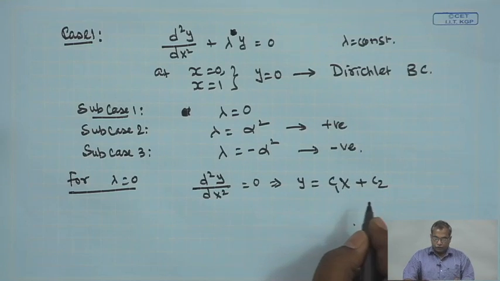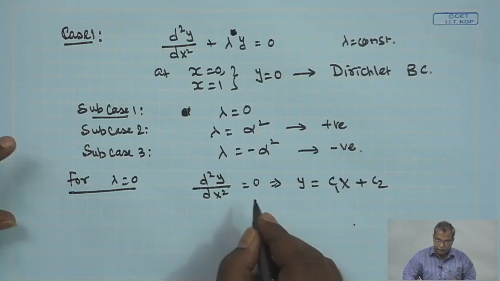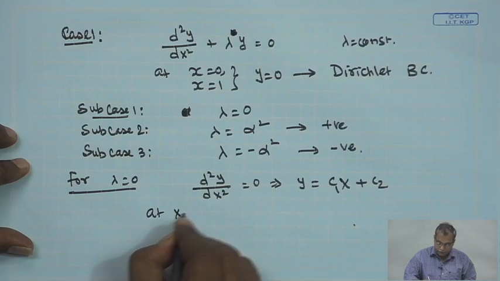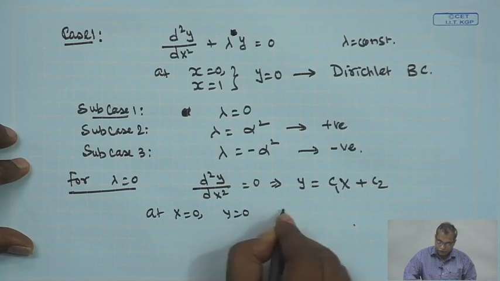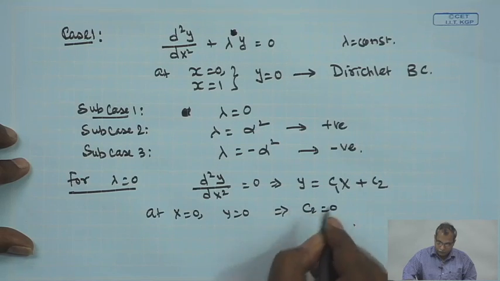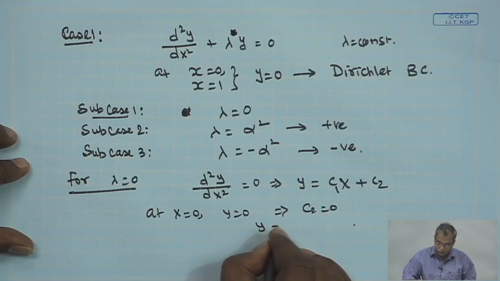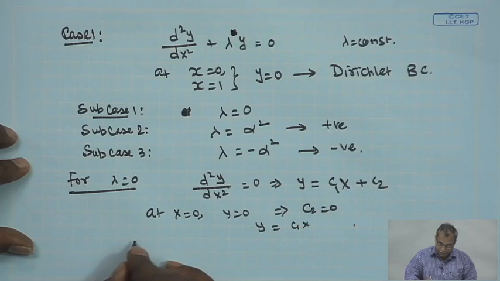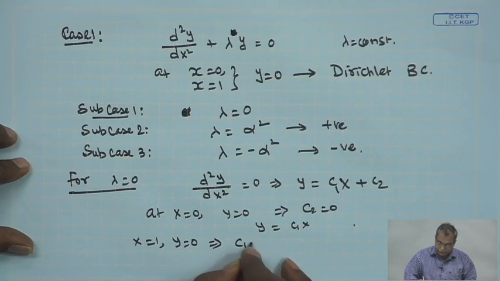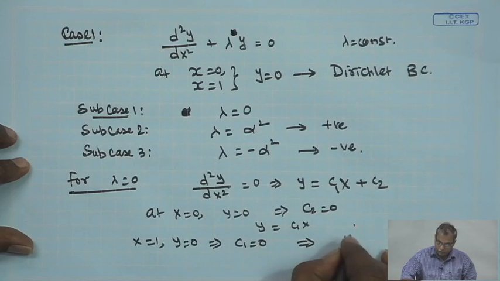Now, let us put the boundary conditions. At x is equal to 0, y is equal to 0, this gives c2 equal to 0. So, the solution is y is equal to c1 x, and at x is equal to 1, y is equal to 0 indicates c1 equal to 0. So, y is equal to 0.